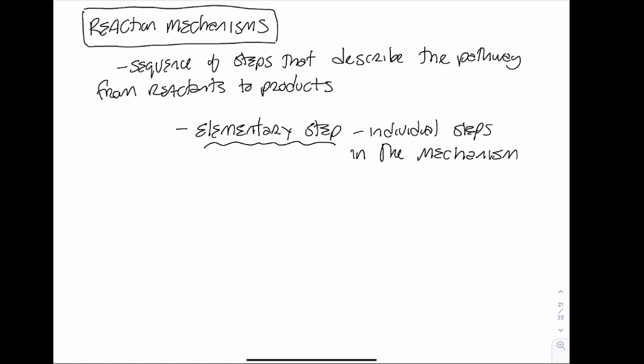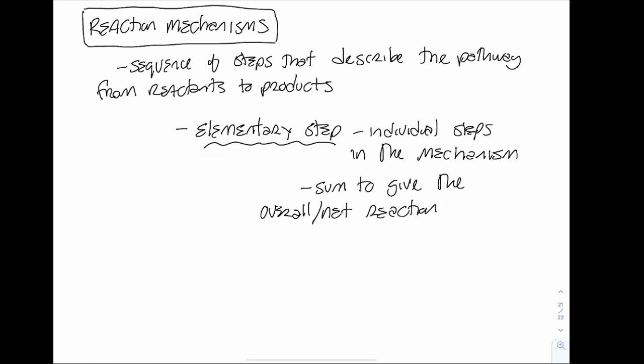Our elementary steps, we add them together to give us our overall or our net reaction. And that's what we're used to seeing, our net equation. Equation is actually the better word to use here. So the individual steps are called elementary steps. Our overall equation, you could use the word overall if you wanted, or you could use the word net equation.